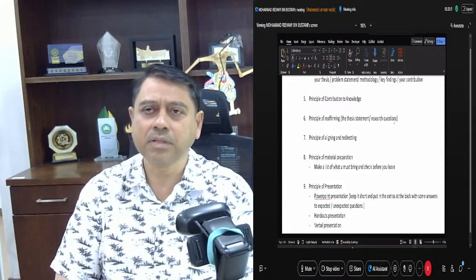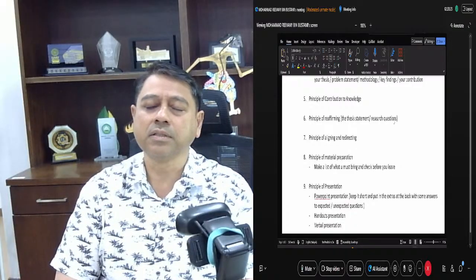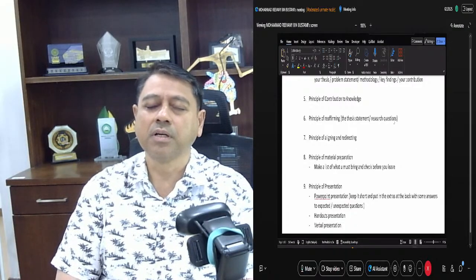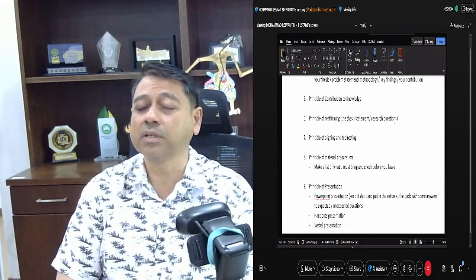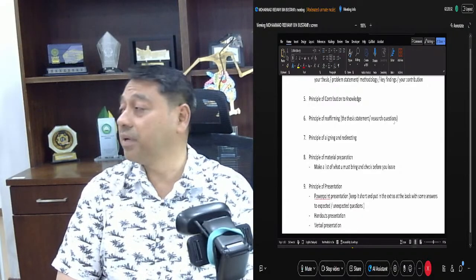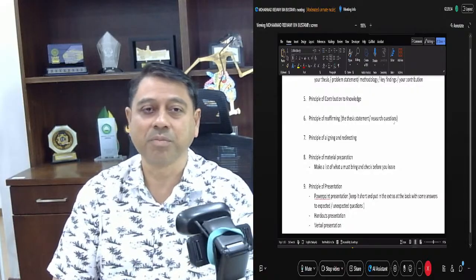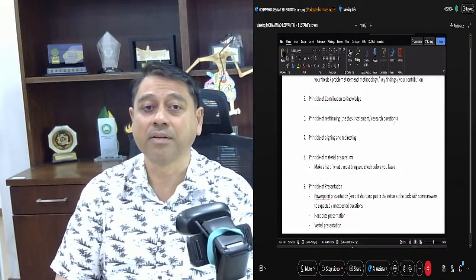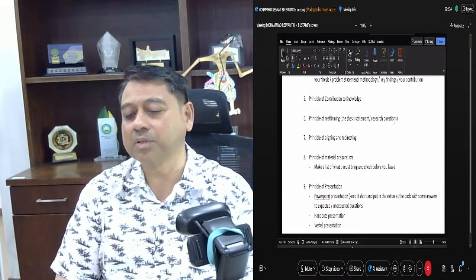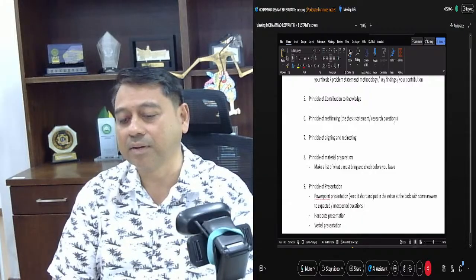The thesis statement is the part that captures, apa namanya, Indonesians say the red thread, right? Benang merah, right? I don't know why it is red. So the English would be the golden thread. For English, the synonym would be the golden thread.